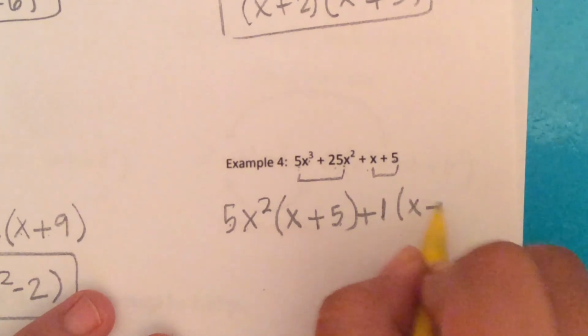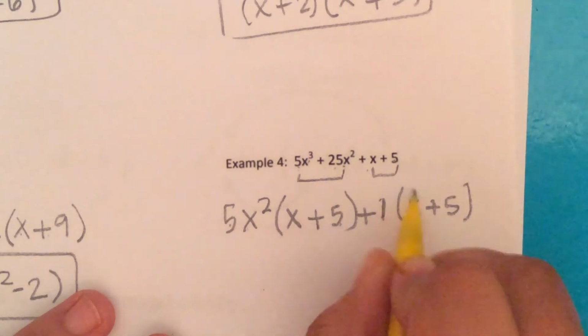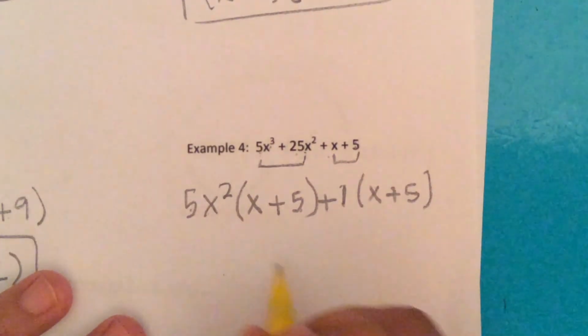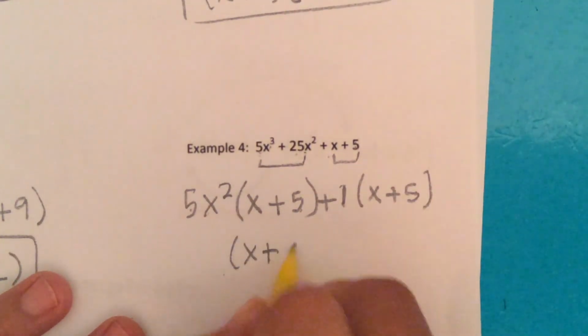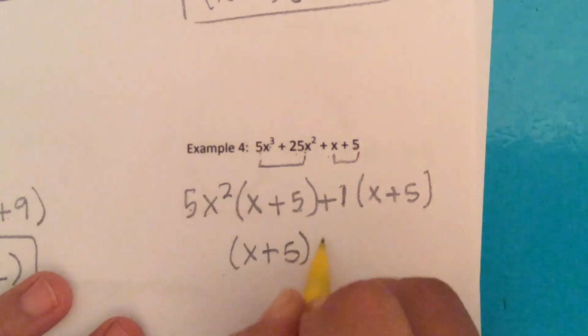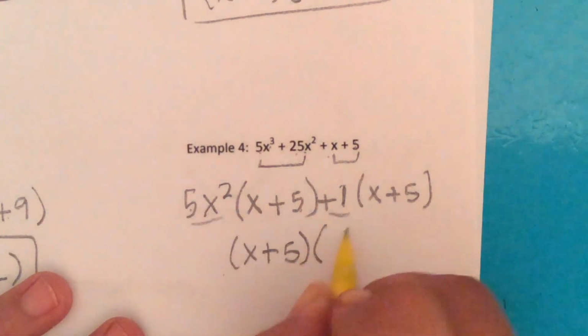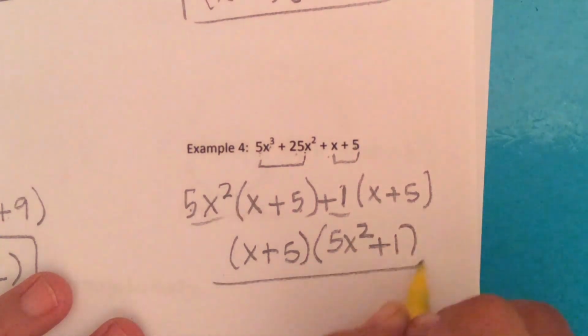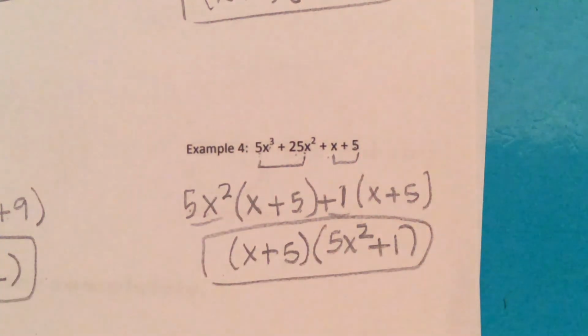So you have to put a 1 out there. So 1 times x is x. 1 times 5 is 5. Okay? So now we're going to have x plus 5 in common. That goes in one set of parentheses. The other stuff, 5x squared plus 1, goes in another set of parentheses. And so that is just a reminder of factoring by grouping.